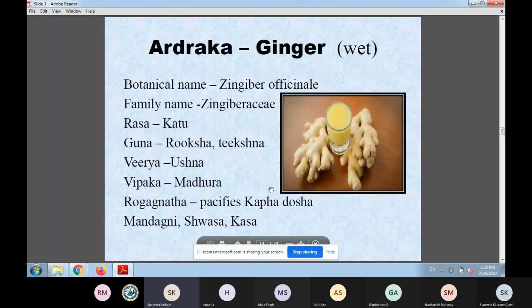Since it has Katu Rasa, it is going to improve the appetite. And it is going to act on Shwasa and Kasa because Shwasa and Kasa are basically Kaphaja disorders, and this has the capacity to reduce the Kapha in the body.